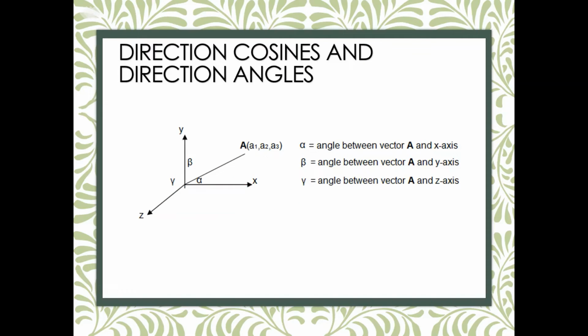Now consider a three-dimensional space system with a point A. Let alpha be the angle between vector A and the x-axis, beta be the angle between vector A and the y-axis, and gamma be the angle between vector A and the z-axis.